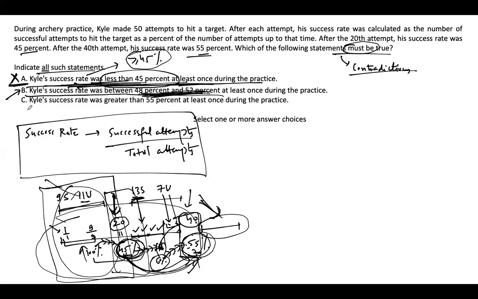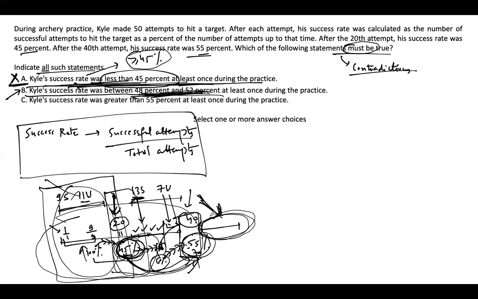Option C. But again, must be true. Yes, even if it fell after the 55% point, it would be in this range at least once, right? Once you have figured out it is happening, why are you considering this again?